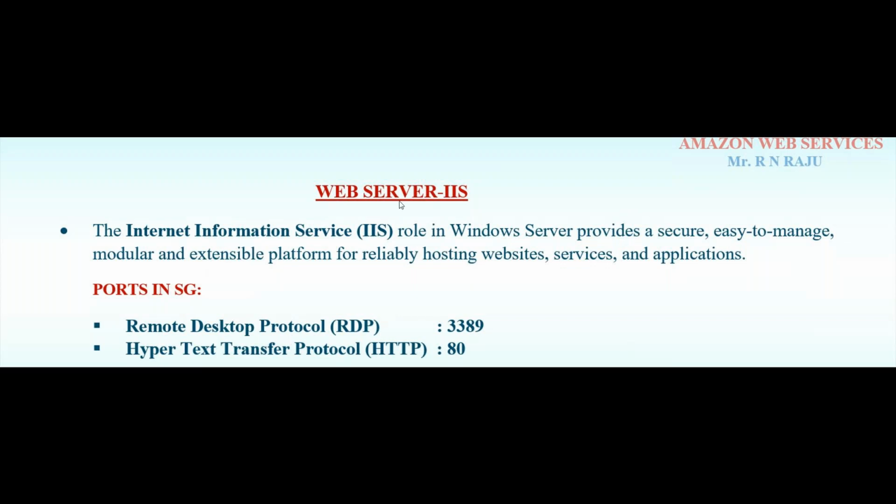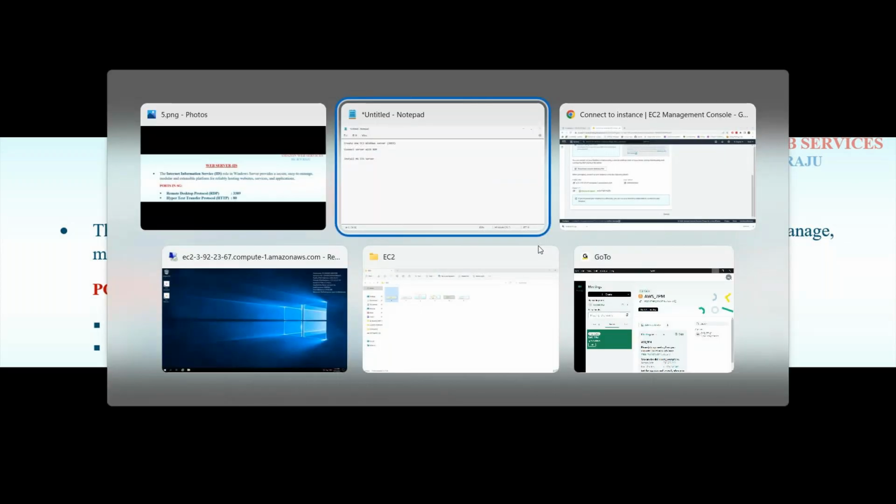But for hosting websites, the web server port number is HTTP 80. So in the security group, we need to add an extra port number 80 because 3389 is already there. So we need to add another port in the security group, which is port 80.